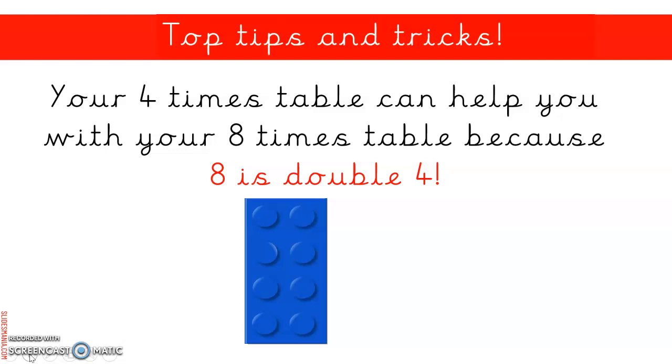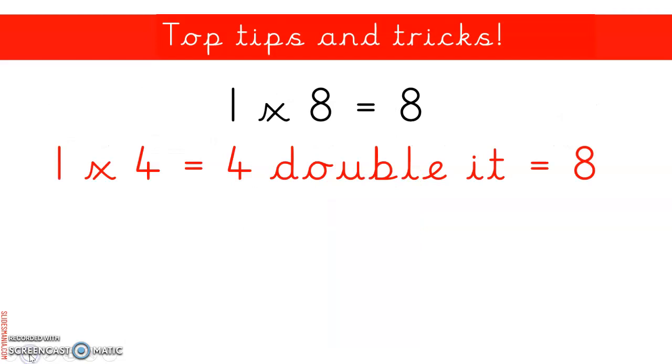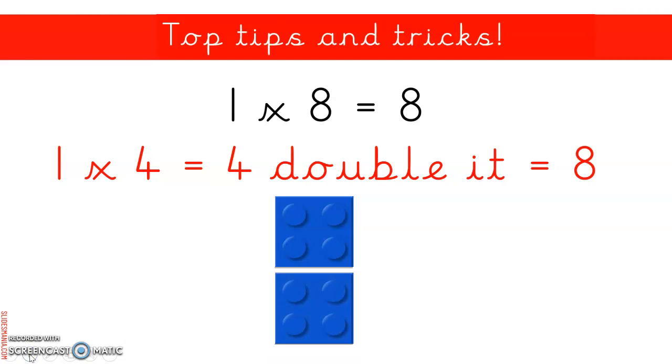There's an 8, and look, 2 4s are exactly the same. So whatever we get for a 4 times table, we can double to get the answer for the 8s. Let me show you how it works. So 1 times 8 is 8. 1 times 4 is 4. So if we double that, we get 1 times 8, which is 8.